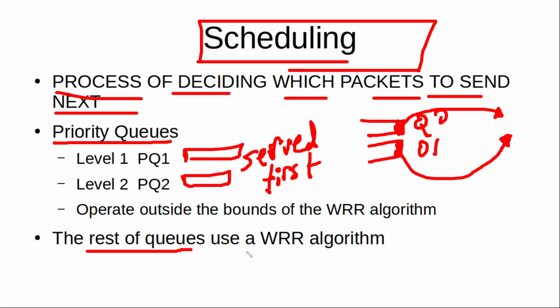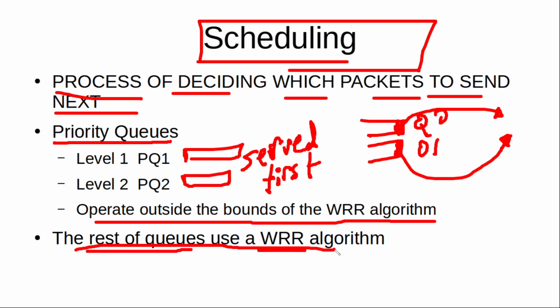The most common one is weighted round robin. Remember that your priority queues will operate outside the bounds of the weighted round robin algorithm, and the rest of your queues will use a weighted round robin algorithm to know which packet will get sent next. And this is what we are going to call scheduling.